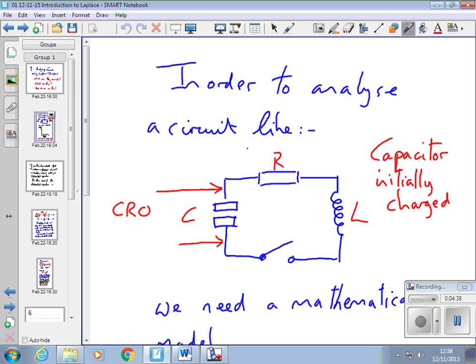Across the capacitor, right. So if I put the CRO across the resistor or the inductor initially, before I turn on the circuit, what would it be? Right, probably 0, wouldn't it? Everything's across the capacitor. As soon as I switch this switch, then things are going to change, aren't they?